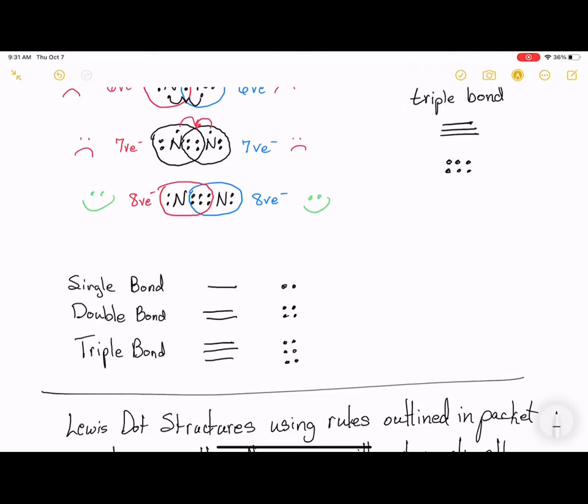Now, this method that I've used works for period 2 elements. It does not work for period 3 necessarily.